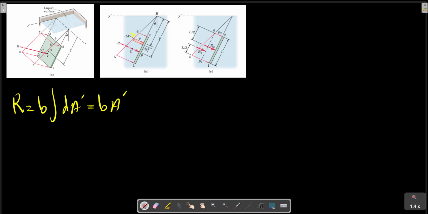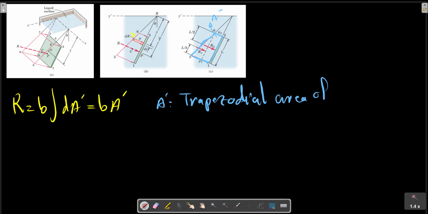A prime is this area, the trapezoidal area of pressure distribution, and it is different from the plate area.